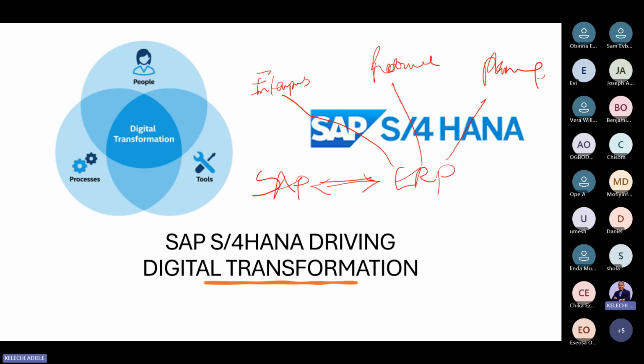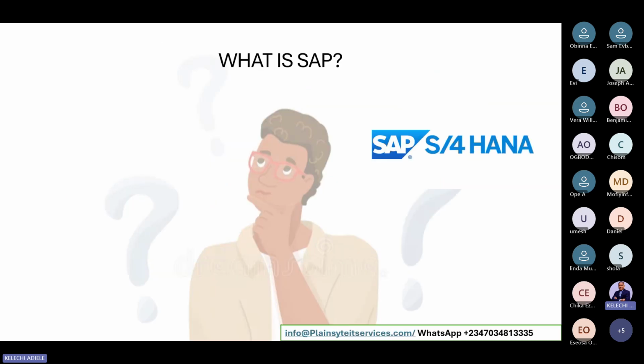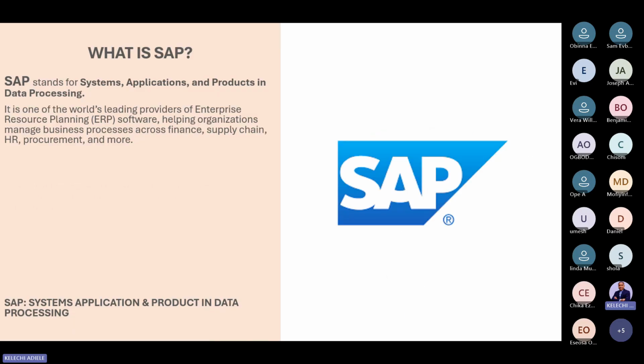So I'll leave this topic. Let's see briefly some of the core foundations or core definitions of what it is. Then we'll come back to explaining that. One, SAP is an acronym, it's not a word.